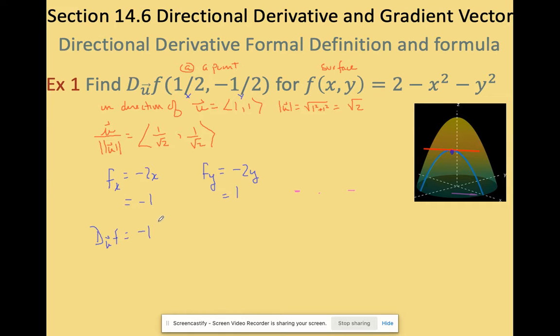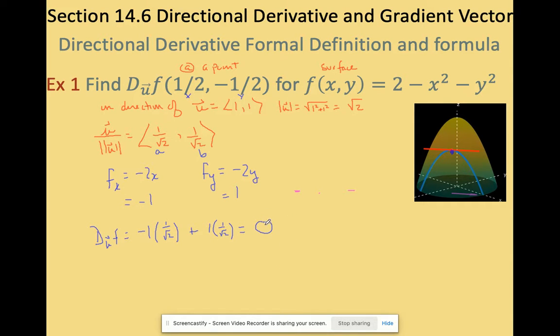Now, what is my directional derivative? Negative 1 times a, and because that's in the x direction, how about in the y? Times b. And what do you get? Shockers of all shocks, I get 0.